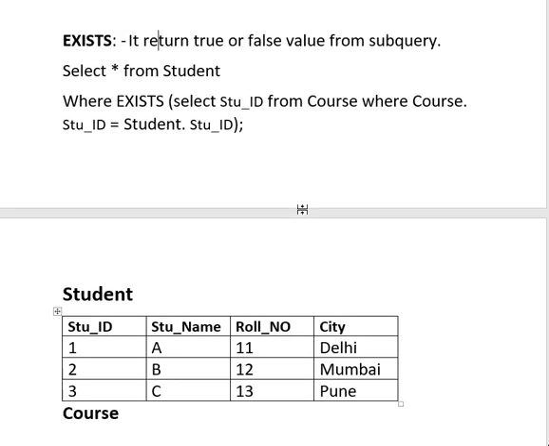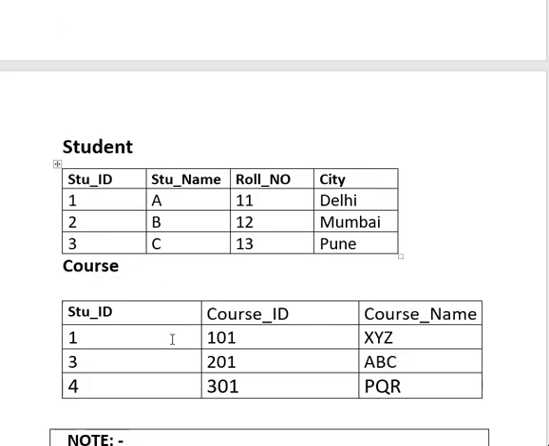So this is how the EXISTS operator works. Each row of the outer query will be checked in the inner query based on this condition, where course.student ID = student.student ID.